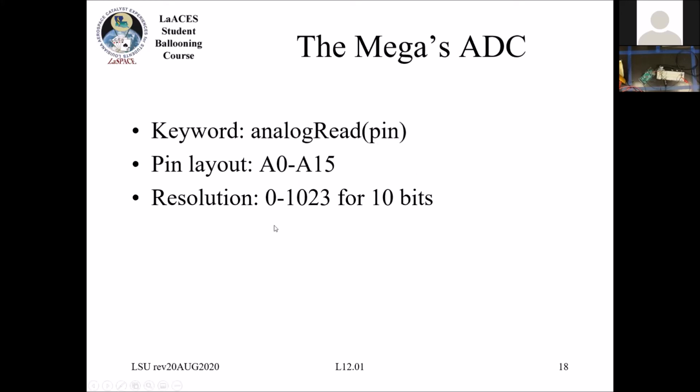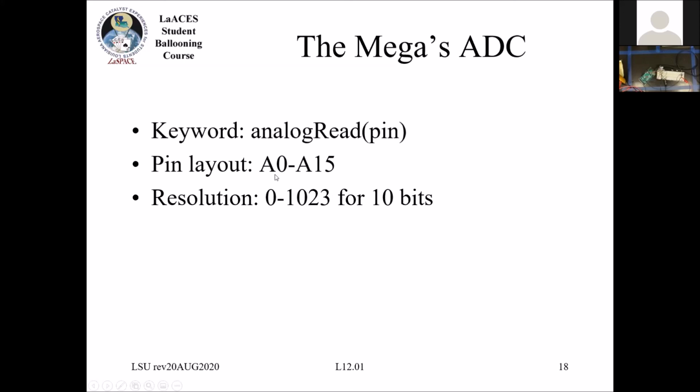And as we've talked about a few times now, it is a 10-bit ADC. So when you call this function here, what it will return is a value from 0 to 1023. So again, you'll want to save that to a variable, most likely, because if you're reading this voltage value, that means you probably want to do something with it.